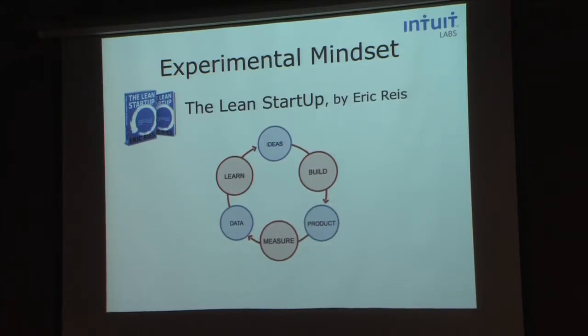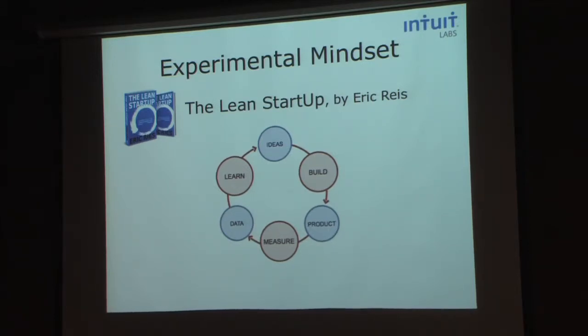So this model up here is, spoiler alert, the main part of the Lean Startup. It's called the build, measure, learn loop. So let's say you have an idea for the next best thing. That would be your vision or your core idea. And what you want to do is build a minimum viable product.